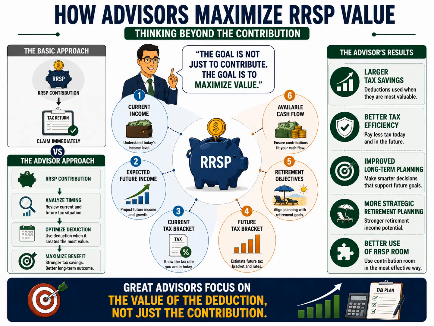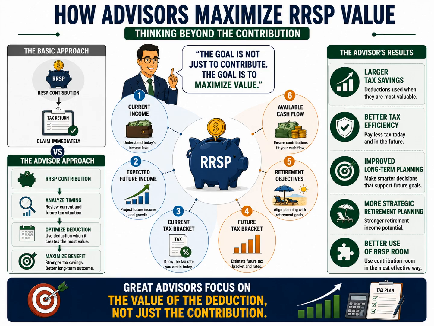Notice the results listed on the right side of the slide. Larger tax savings, better tax efficiency, improved long-term planning, more strategic retirement planning, and better use of the RRSP contribution route. These are the outcomes advisors are trying to achieve, not merely deductions. Better overall results. And that leads us to the key message at the bottom of the slide.